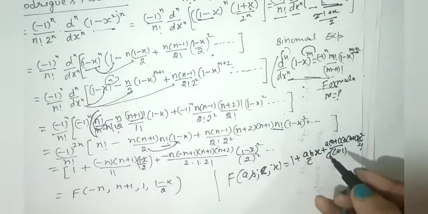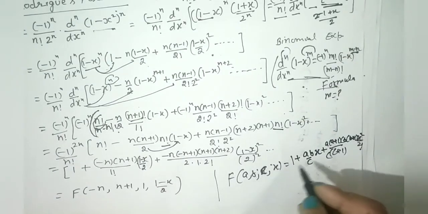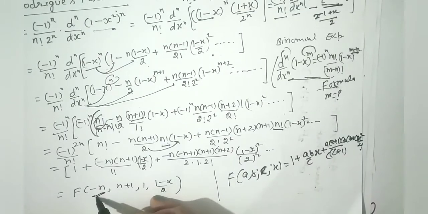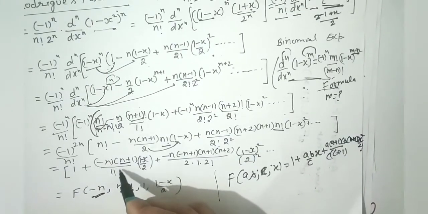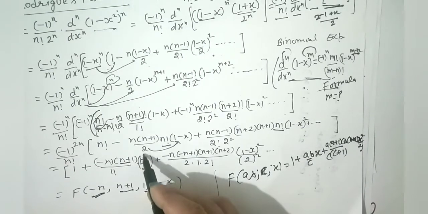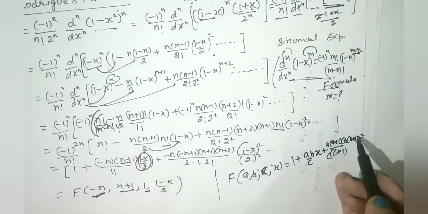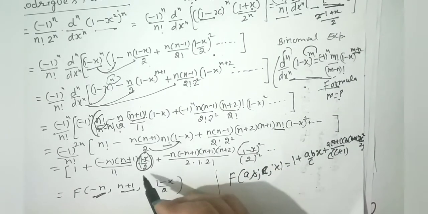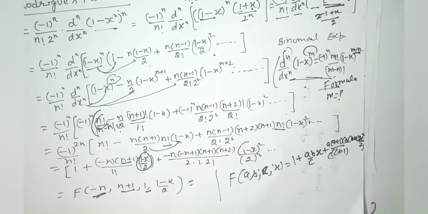This is the expansion. I have already written it in many questions. Now you compare this. In place of a we have minus n, in place of b we have n plus 1, in place of c we have 1, and in place of x we have (1 minus x) upon 2. So this is the value of the hypergeometric function written in this way.